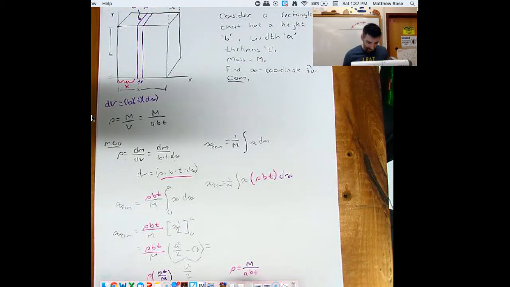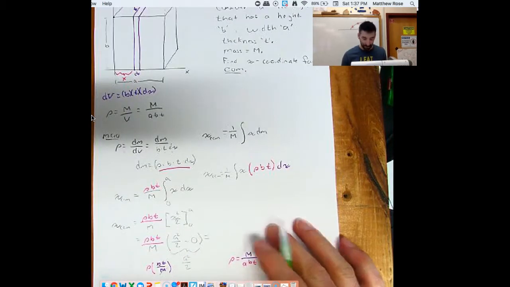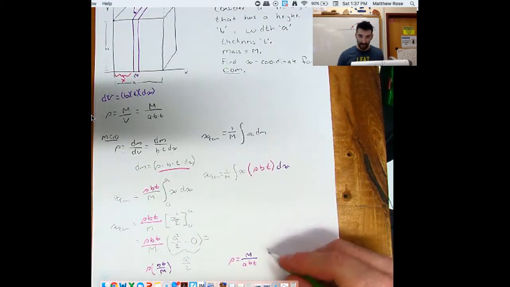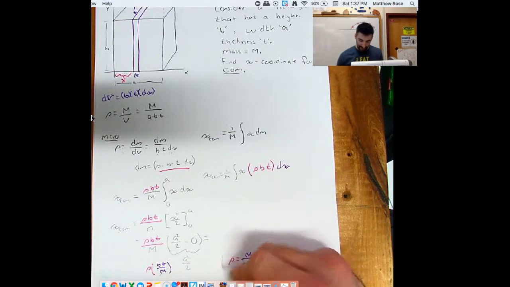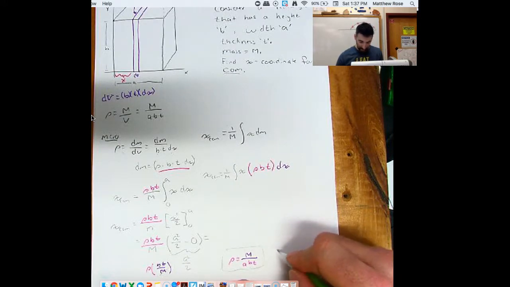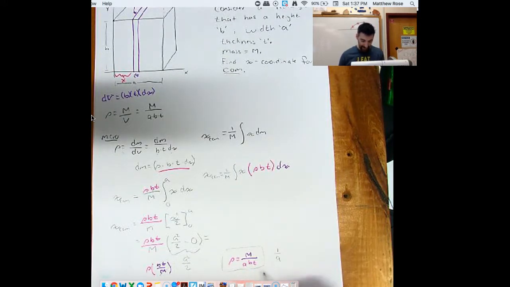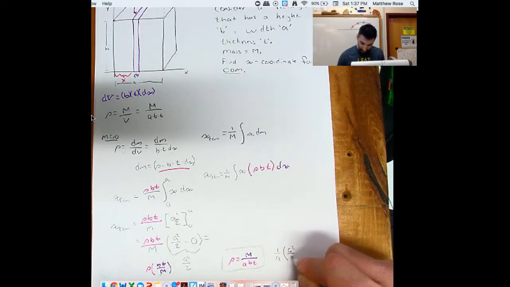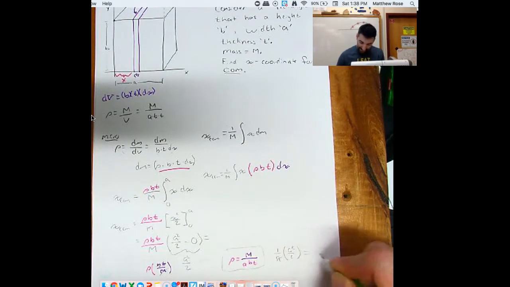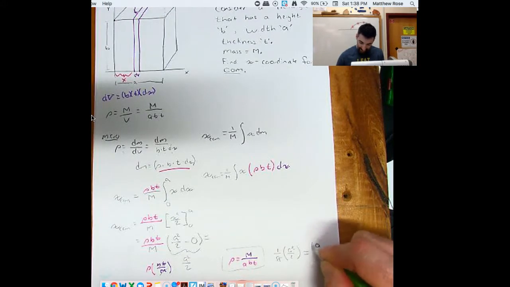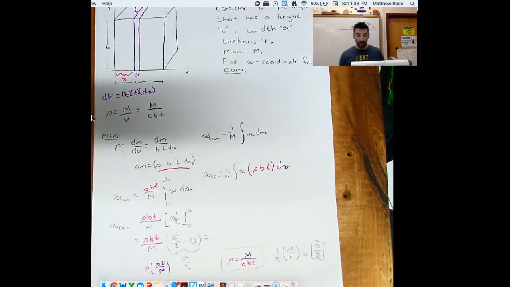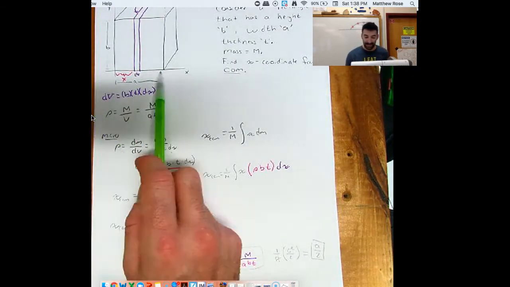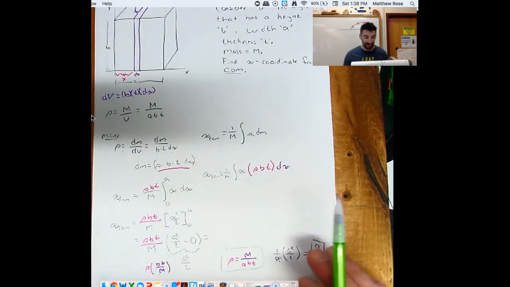I'm going to be left with 1 over A, and everything else cancels, b, t, m, all of it. I'm left with 1 over A times A squared over 2, which means my center of mass is at A divided by 2. So for this cube, my center of mass about the x-axis is just at some distance A divided by 2.